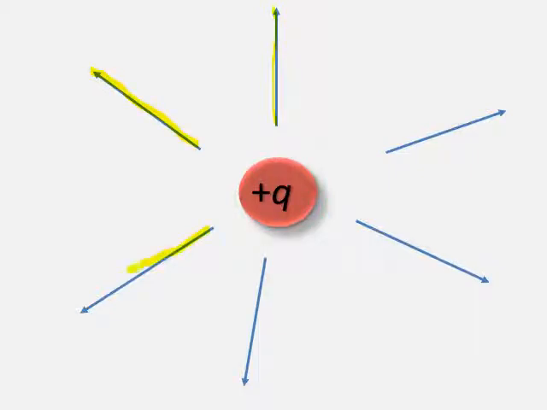In other words, these outward arrows represent the direction of electric field around a positive charge. So the positive charge can be represented by outward arrows. If we have to represent the electric field of a positive charge, we can make use of outward arrows.